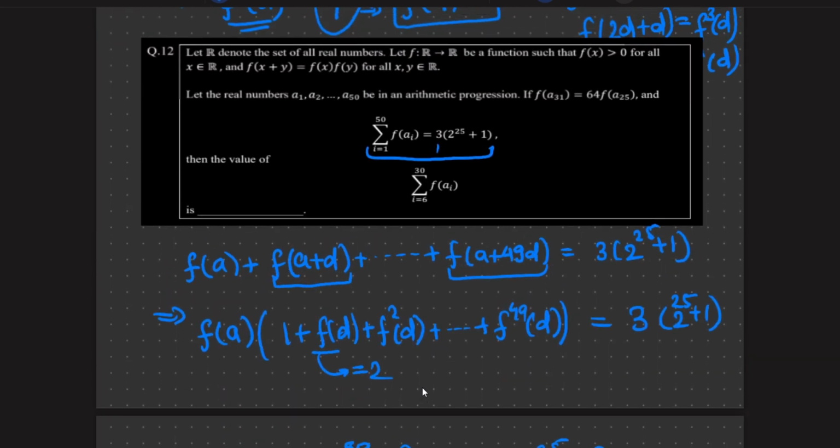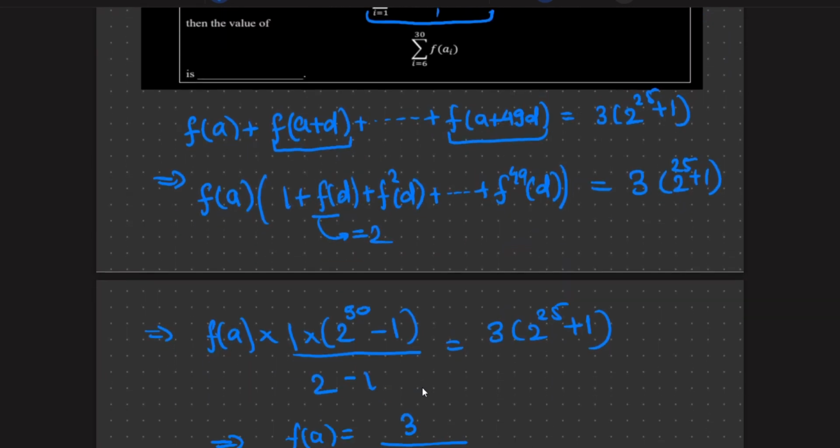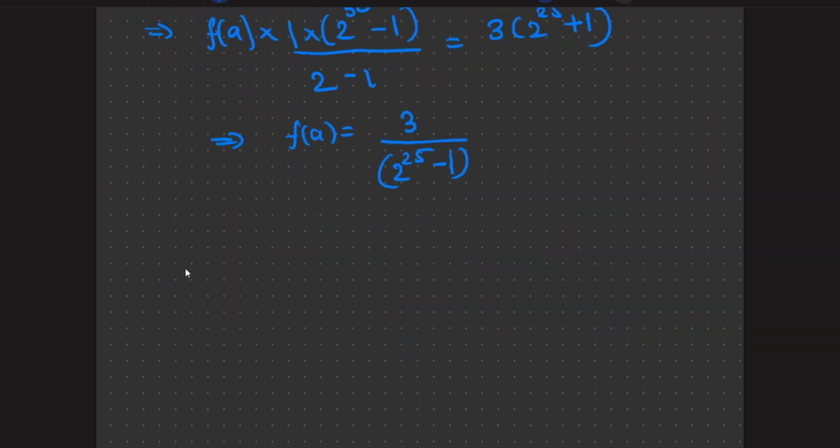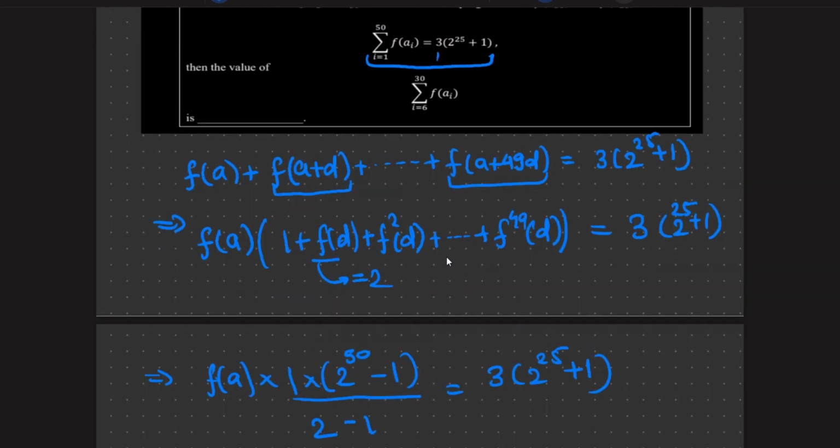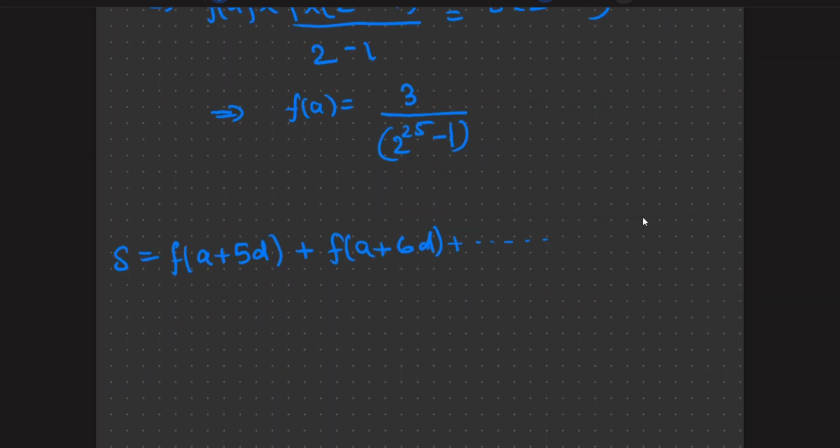So now let us find the value of the expression that we needed to, okay? The value of the expression that I need to find is f(a + 5d) + f(a + 6d) up to f(a + 29d). Let's call this expression S. So we are going to do the same thing as we did before.